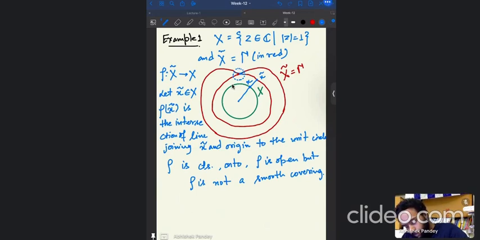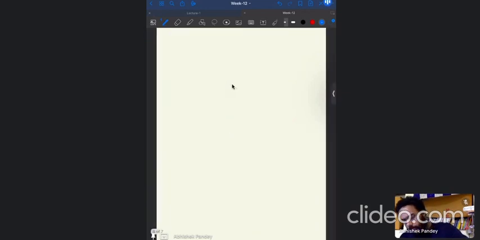For these arcs, if you join this point to the origin, this image will be this one, and if you extend this one, it will hit this one. So for this point also, x1 tilde and x2 tilde both have the same image here. So this cannot be locally homeomorphic. So it is not a smooth covering. Okay, let us see another example.